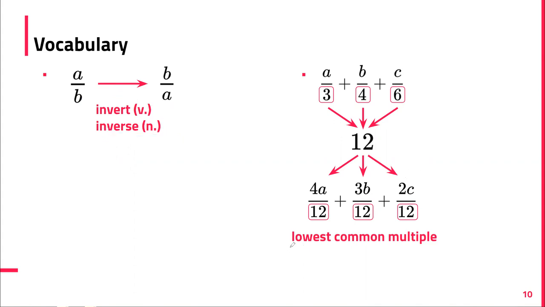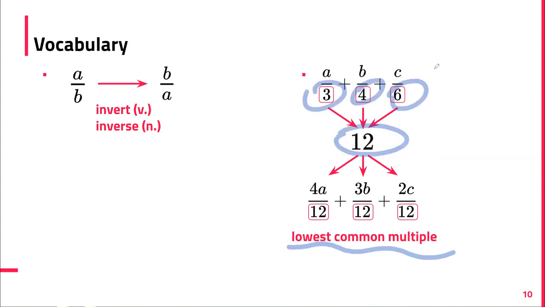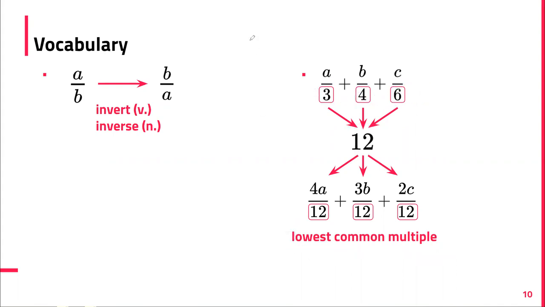We also talked about lowest common multiple, so for 3 and 4 and 6, the lowest common multiple is 12, like if we're adding fractions. So some vocabulary that's useful. Invert or lowest common multiple.